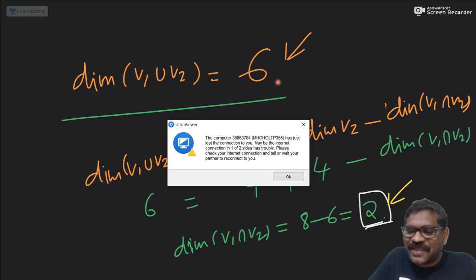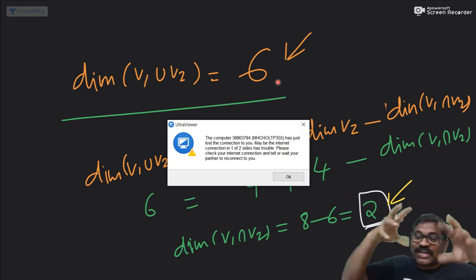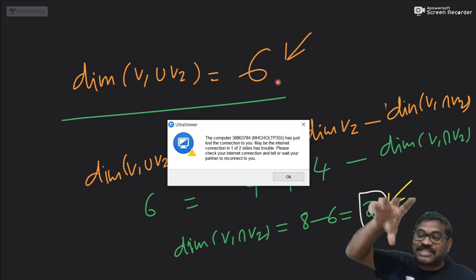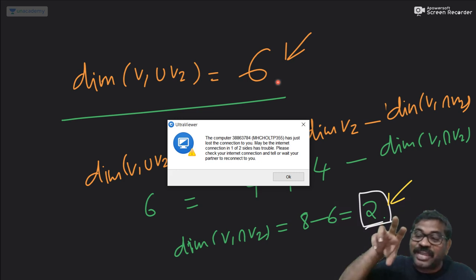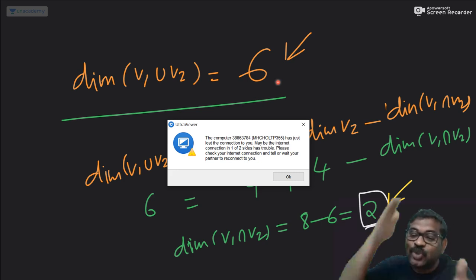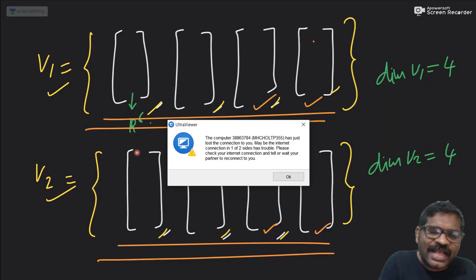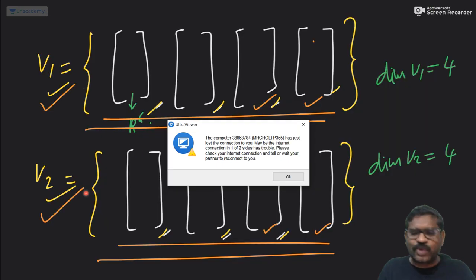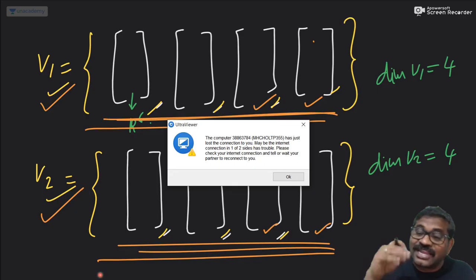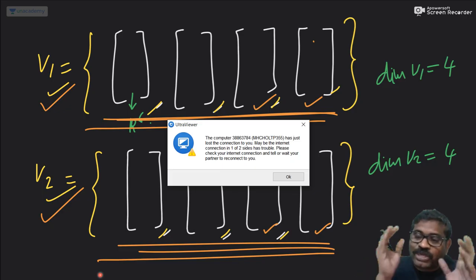Catch my point? If your vector space is a 6-dimensional vector space, you require 6 independent vectors. Those 6 independent vectors are nothing but members of your basis. So those 6 are available in V1 as well as V2. You can pick up. Here you have 4 available, here 4 available. Sir, in that 4 and this 4, total you have 8. Sir, union means all 8 you have to write.